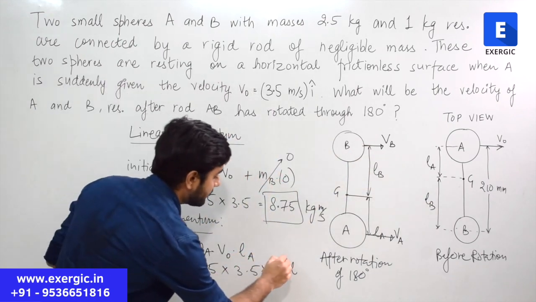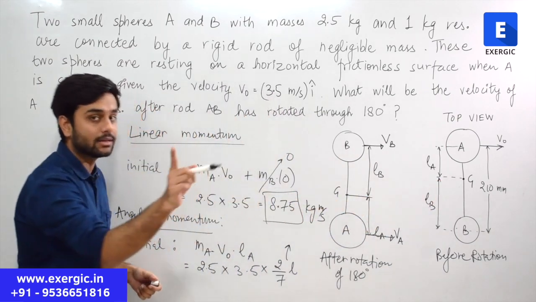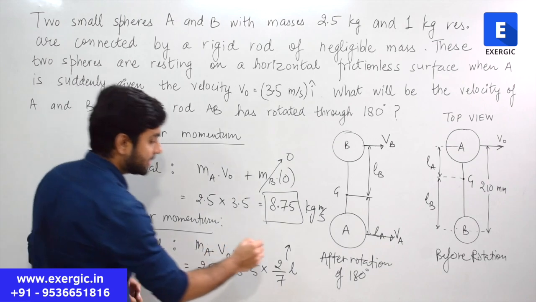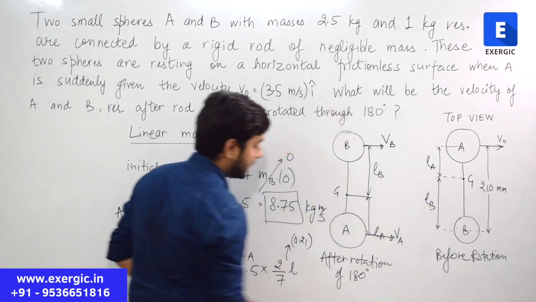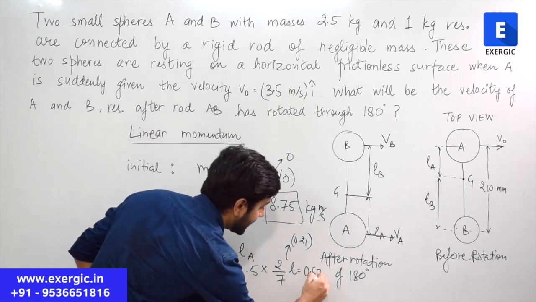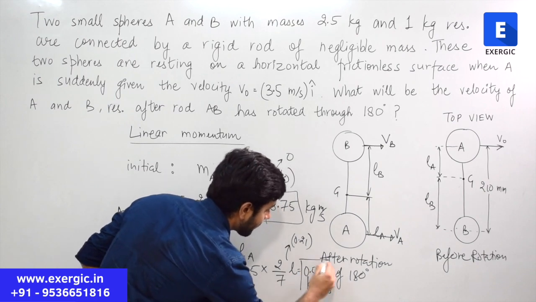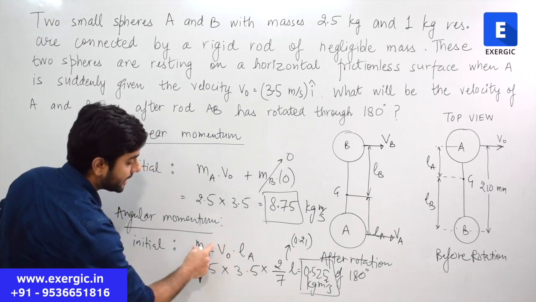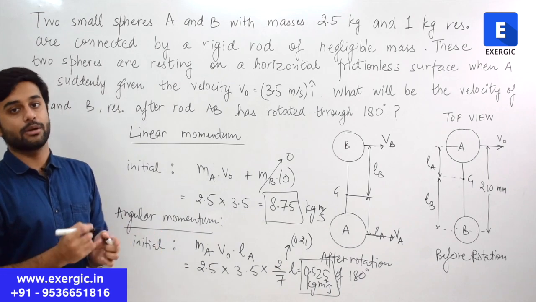In this expression, put the value of L, which is 0.21 meters, because velocities are in meters and masses are in kg, so this L value will be 0.21 in meters. When you solve this, I think you will get 0.525 kg meter square per second. Kg meter per second multiplied by meter, so kg meter square per second, 0.525 kg meter square per second.